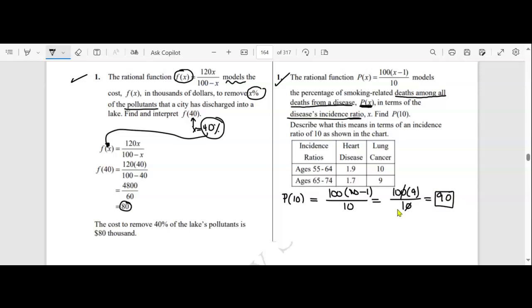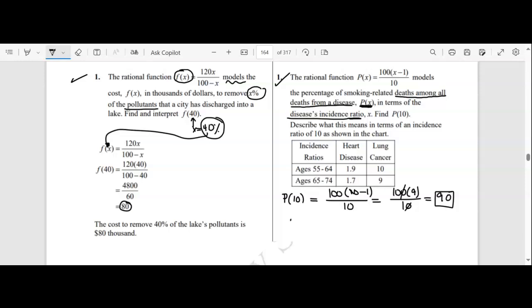So what does the 90 here mean? Smoking-related deaths among all the deaths from a disease.